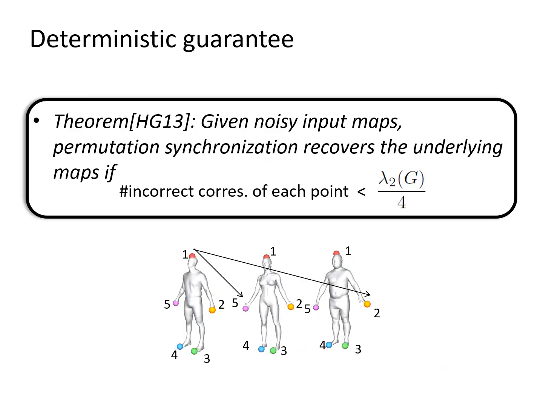Another advantage here is that we can really analyze, for example, how much noise in the input we can tolerate so that we can remove that noise. This is very exciting.